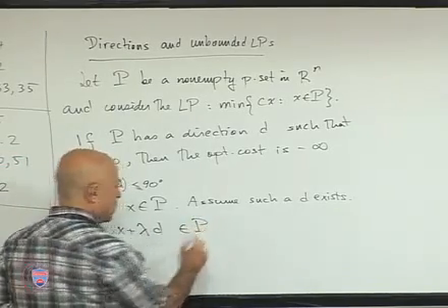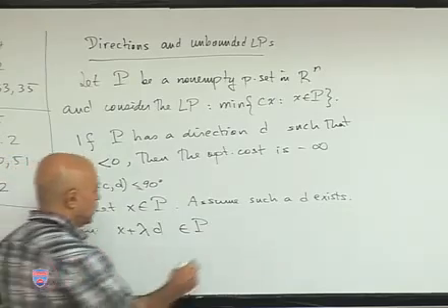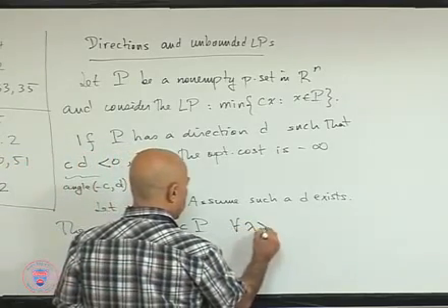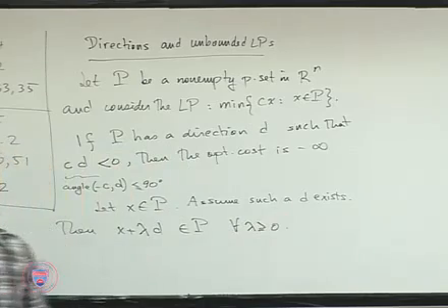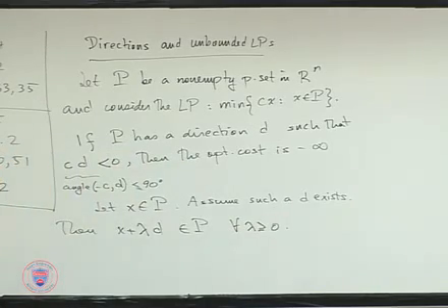So this is inside your feasible region for every choice of lambda that's non-negative.